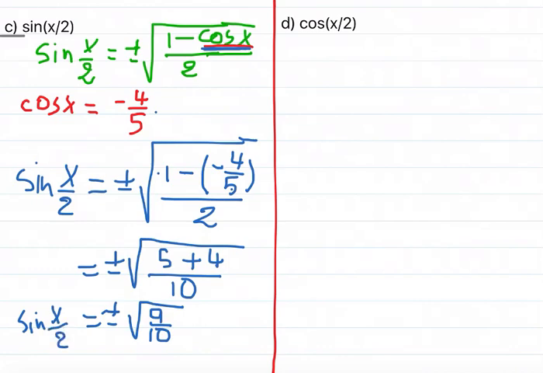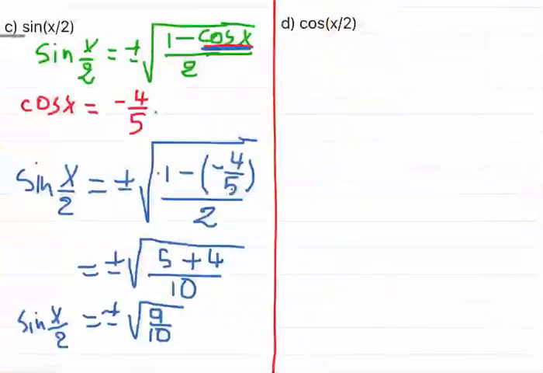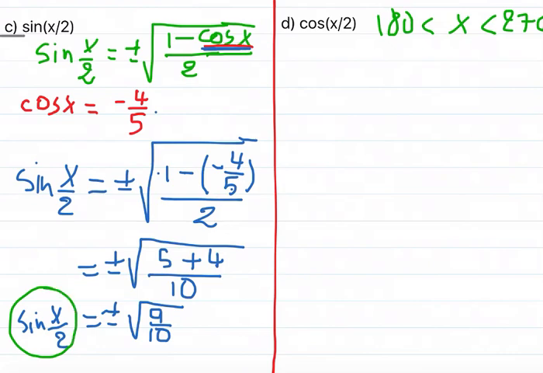We have to go back to the condition. This is your condition: x is in the third quadrant. What does it mean for x to be in the third quadrant? That means x is between 180 and 270. This time we're looking for sine x over 2, that means half x, so we divide by 2.